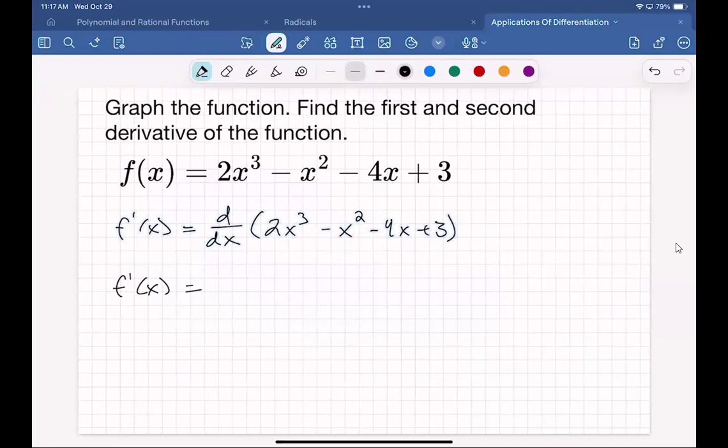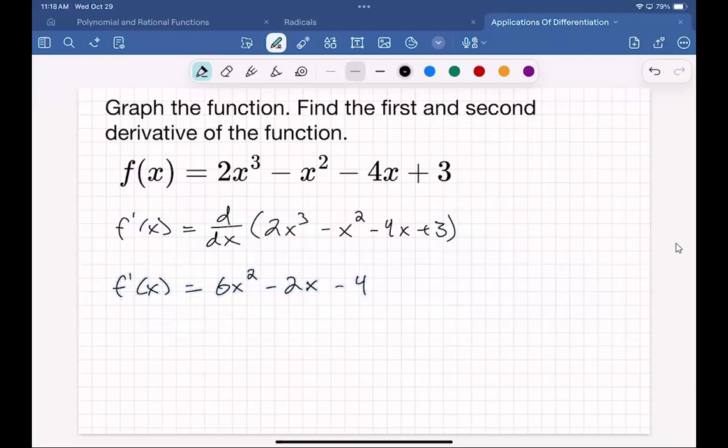So this first one is, hey, it's 2 times 3, so that'll give us 6x, and then take 1 away. Minus 2x with only 1 left over. Minus 4. Okay, so make sure you're comfortable with your power rule there. Even better, I said not just the first derivative, but let's find the second derivative, right?